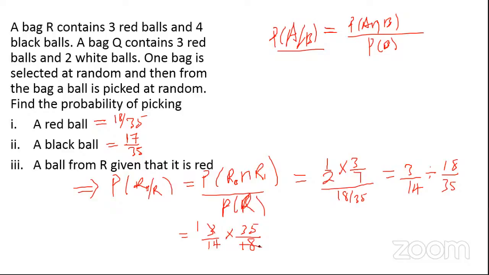By 1 here, here is 6. So 1 times 35 divided by 14 times 6.